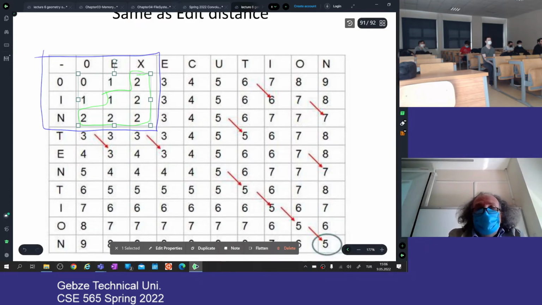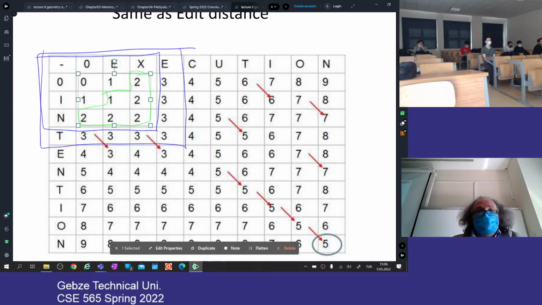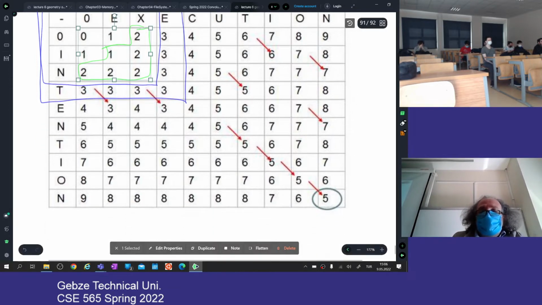And if I continue doing this, expand it a little bit more, okay. Now I am talking about these three letters, matching them, exe to int. So if I continue this way, at the end I am going to get this letter, the cost 5.